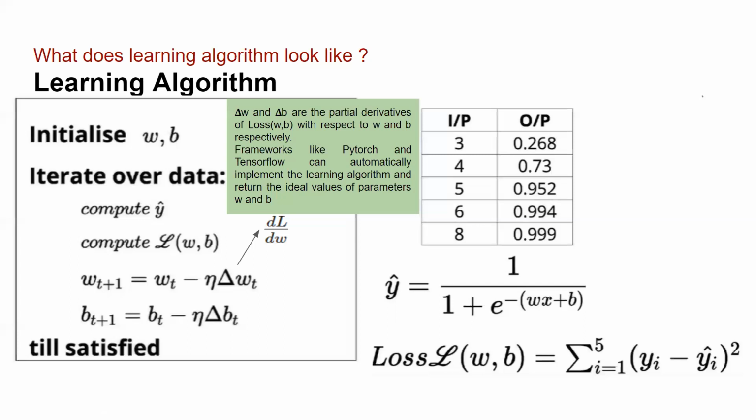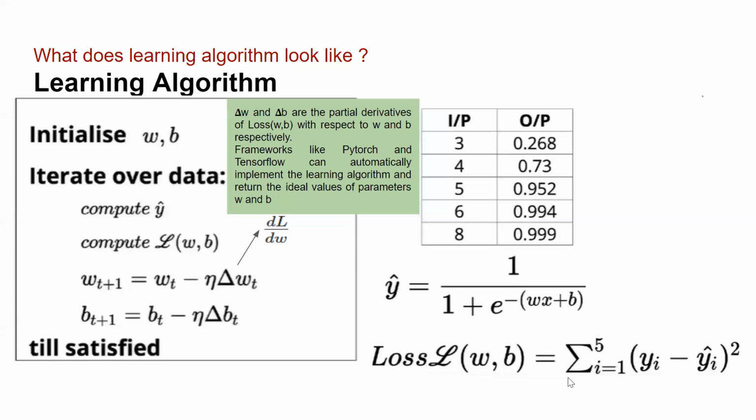Just to briefly summarize, we initialize the values of w and b, we compute y cap with this formula, and we compute the loss, the formula for which is this one. Once we have the loss, we take the derivative of this loss with respect to w, multiply it by eta, and then subtract it from w.